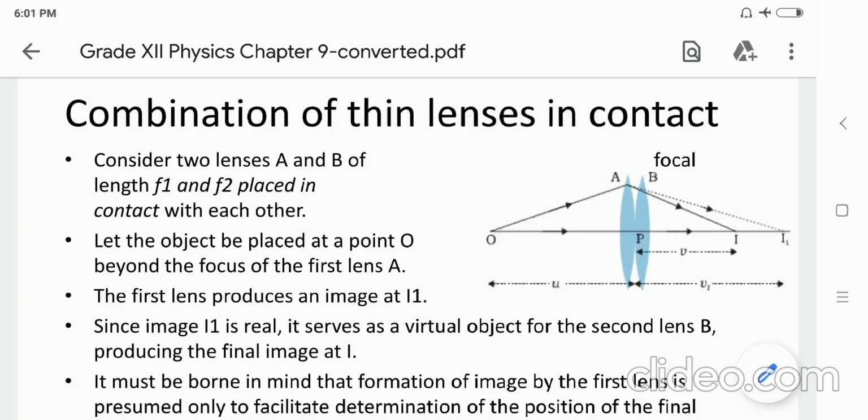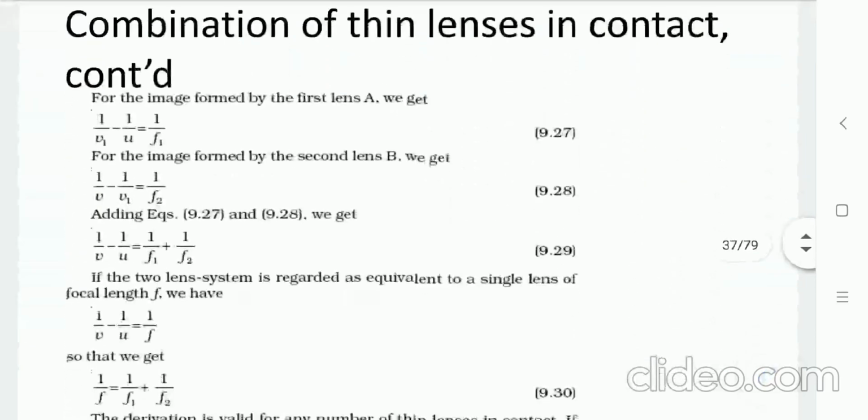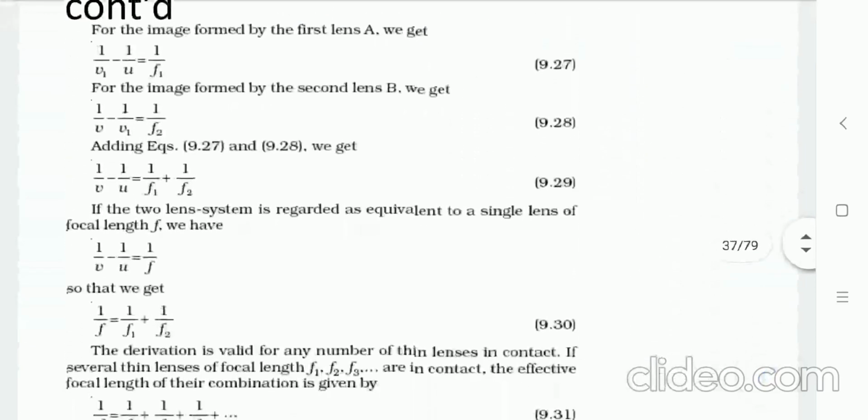Now combine both the equations and we get 1 upon V minus 1 upon U equal to 1 upon F1 plus 1 upon F2. That 1 upon F1 plus 1 upon F2 is considered as 1 upon F. So if two lenses are combined, their focal lengths can be added as equivalent focal length: 1 upon F equal to 1 upon F1 plus 1 upon F2.